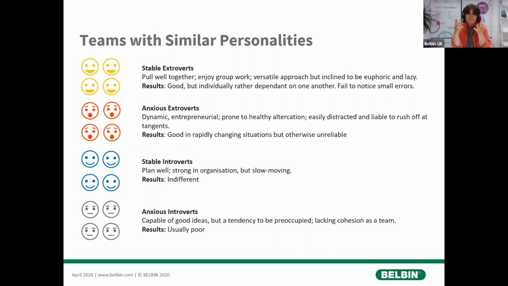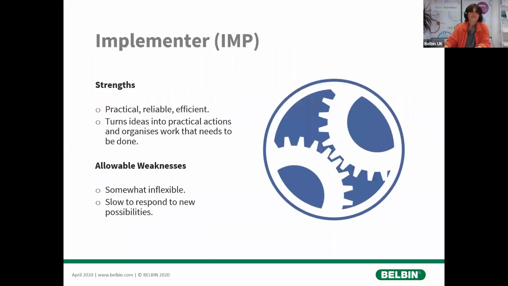What is it? So they raised the question, could they identify a team member who was common to all of the successful teams? If they could identify this crucial team member, then they could look back and find out more about them and see whether that would help them in the next step of their research. Well, what they found was what we call implementer behaviour.